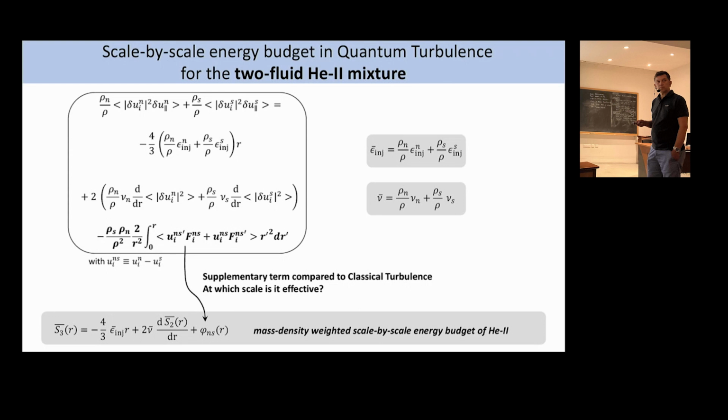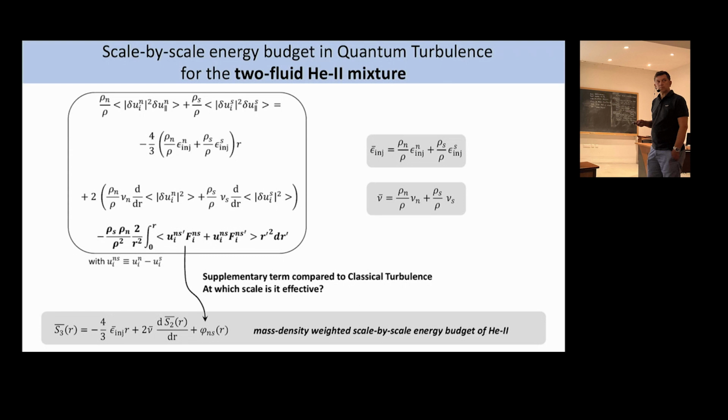When you do this combination, you are able to write a four-fifths law for the mixture of superfluid helium, which has a flavor of the four-fifths law for classical turbulence, and you have this additional term related to the mutual friction. And this budget can be interpreted as a mass-density-weighted scale-by-scale budget of superfluid helium.